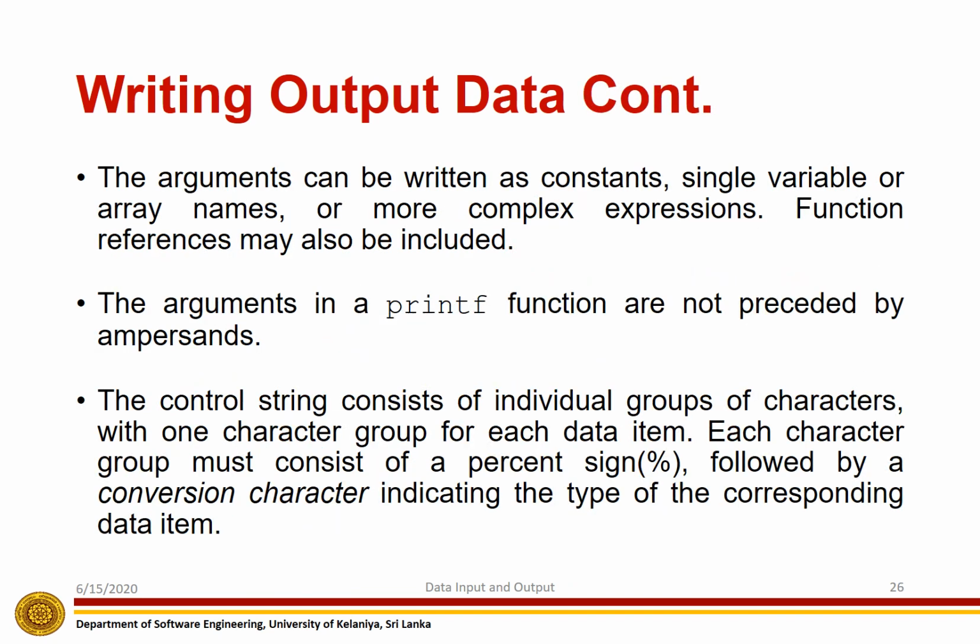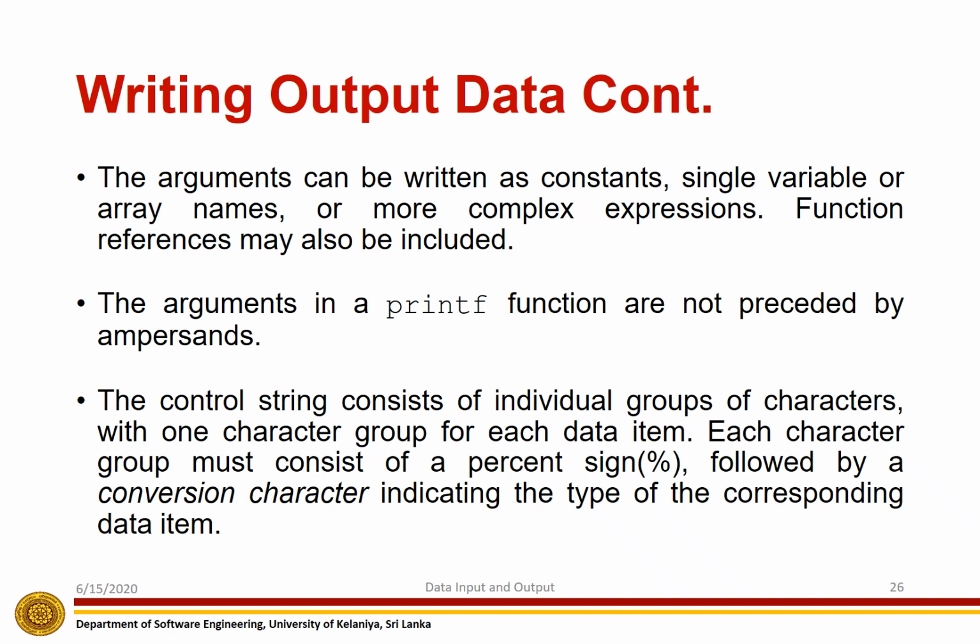The arguments can be written as constants, single variable or array names, or more complex expressions. Function references may also be included. In contrast to the scanf function, the arguments in a printf function do not represent memory addresses, and therefore they are not preceded by ampersands.